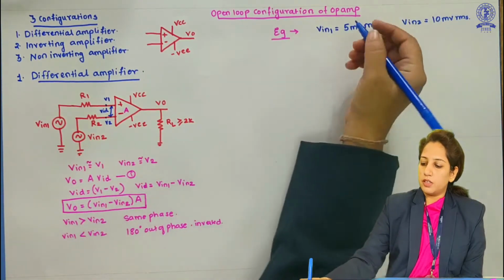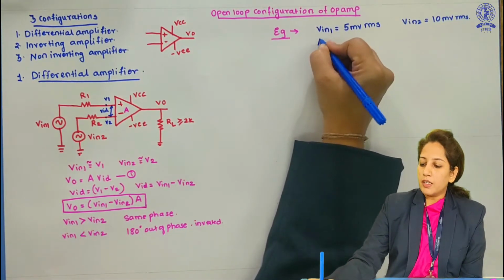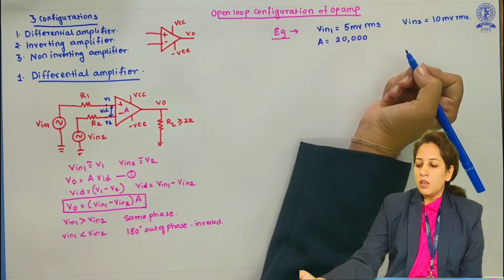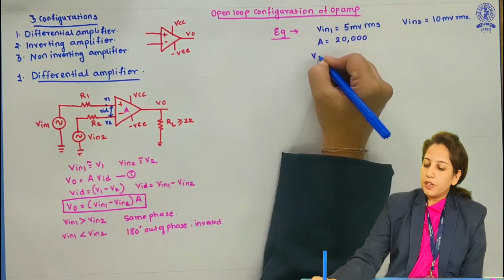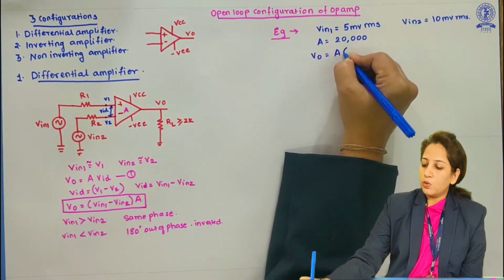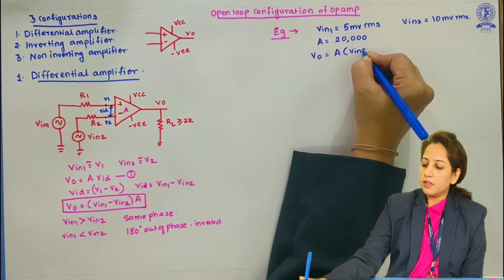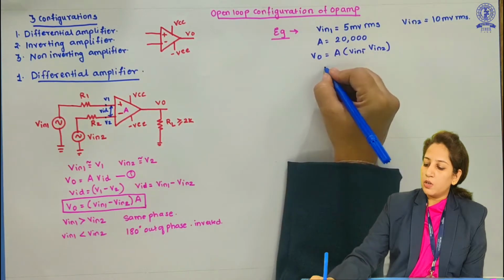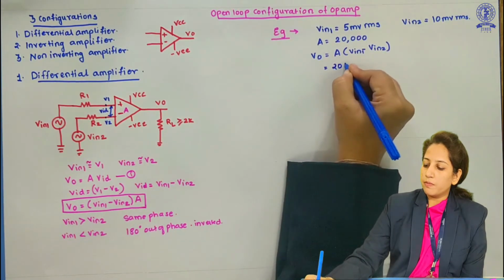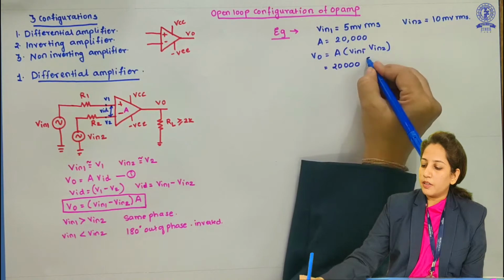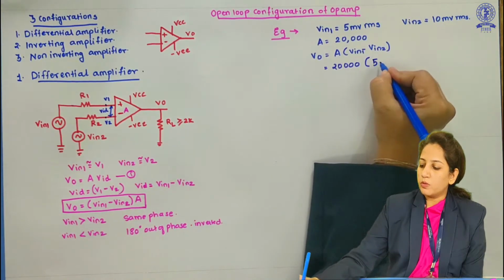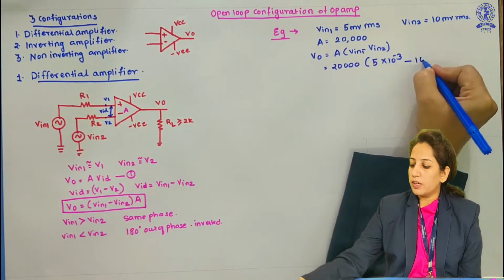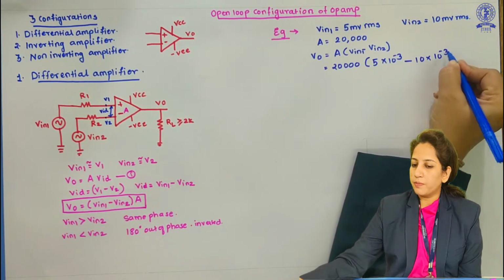Now let's solve this, and we will assume a gain of 20,000. So our formula is V0 is equal to gain into (Vin1 minus Vin2). We will substitute these two values here. So our gain is 20,000 and Vin1 is 5 millivolts, so 5 into 10 raised to minus 3, minus 10 millivolts, so 10 into 10 raised to minus 3.